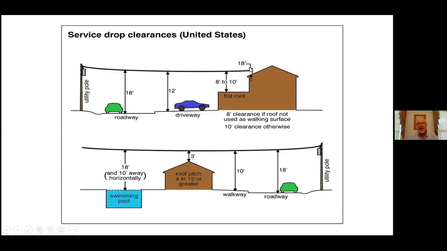And the mast is actually 18 inches above the roof line. Down here, if we have a swimming pool, we need 18 feet there too, at least 3 feet over the peak of the roof at the pitch, and 10 feet over a walkway. And again, the roadway, as in the previous picture, 18 feet.